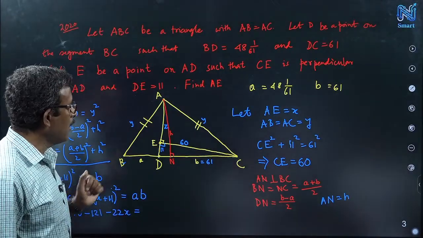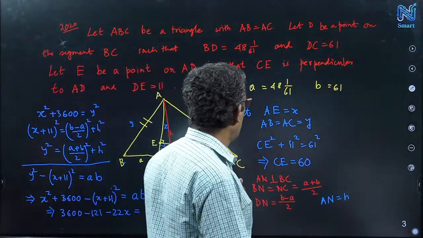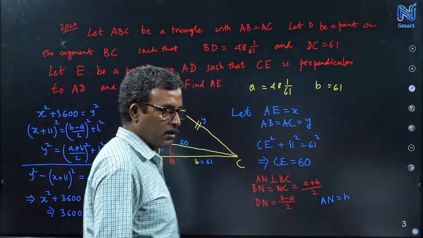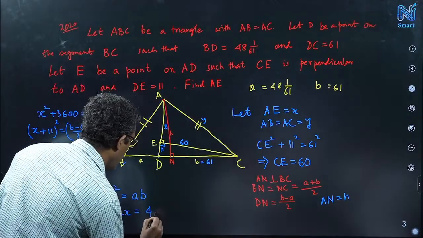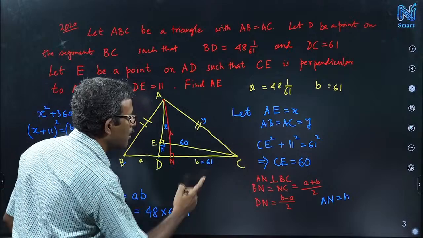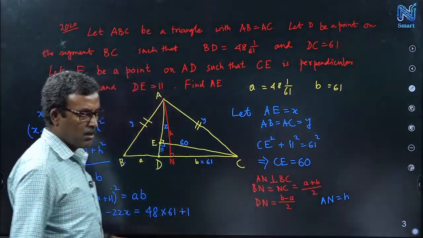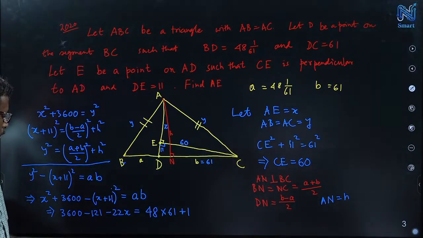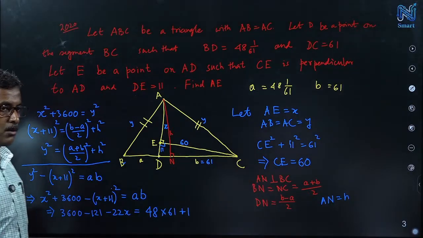Now this is AB. What is a into b? What is this? 48 into 61 plus 1, right? So it is 48 into (61 plus 1) divided by 61, cancel out 61 and 61. So just calculate it. 48 into 61 is what?